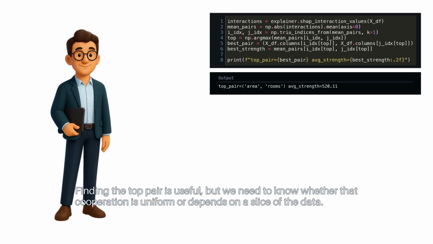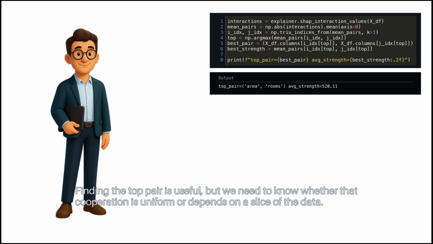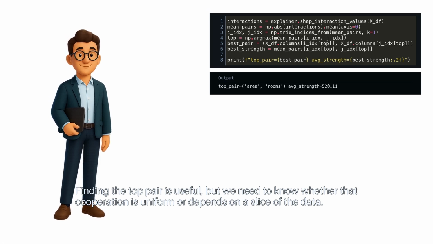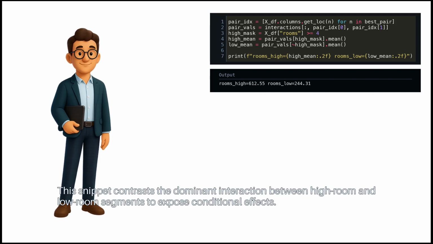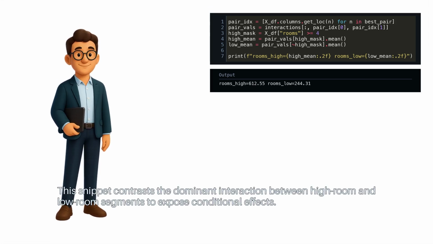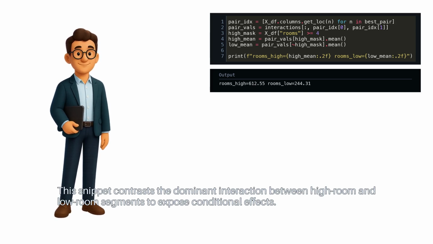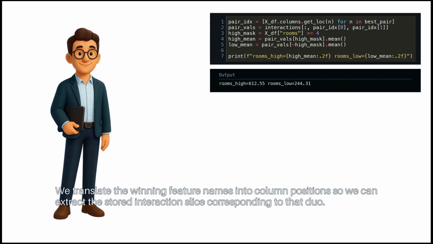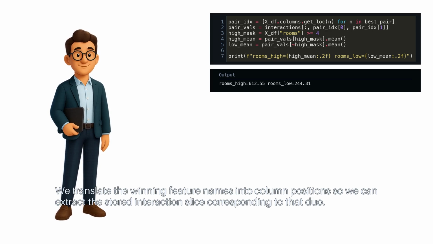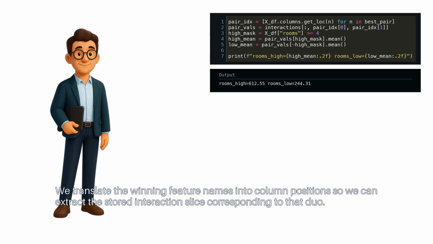Finding the top pair is useful, but we need to know whether that cooperation is uniform or depends on a slice of the data. The next step breaks the sample into cohorts. This snippet contrasts the dominant interaction between high room and low room segments to expose conditional effects. We translate the winning feature names into column positions so we can extract the stored interaction slice corresponding to that duo.